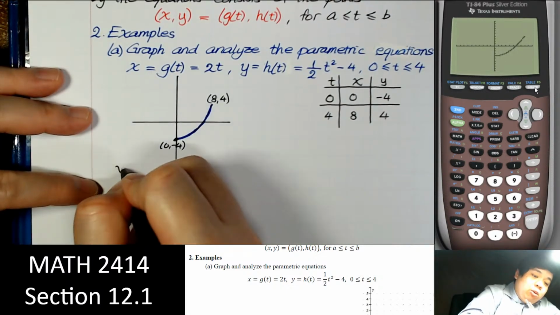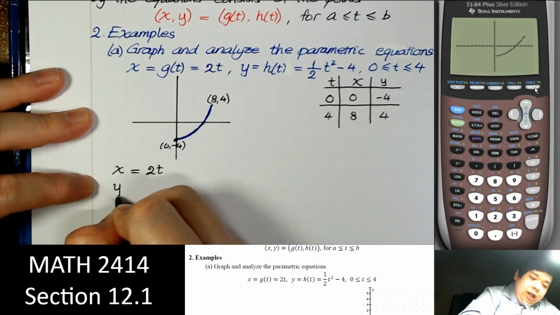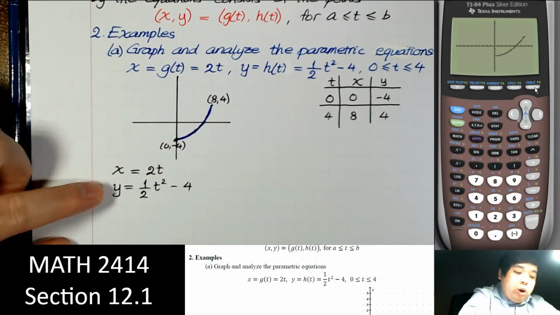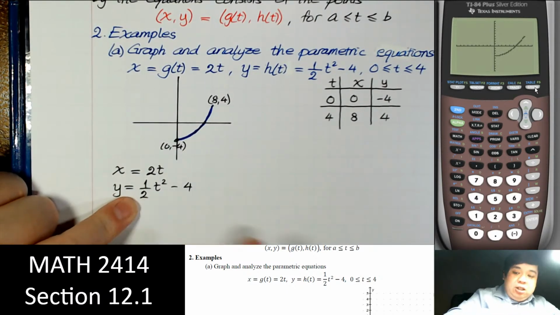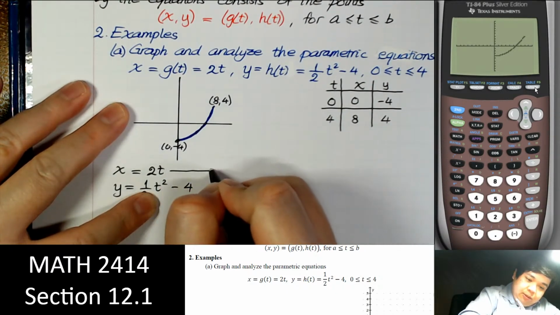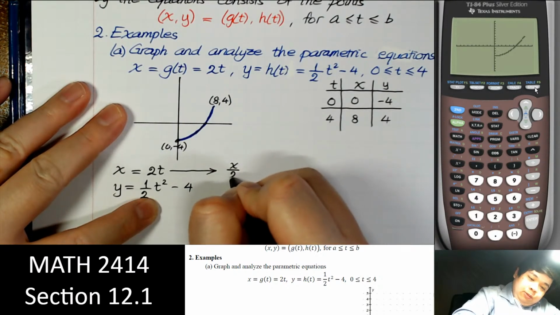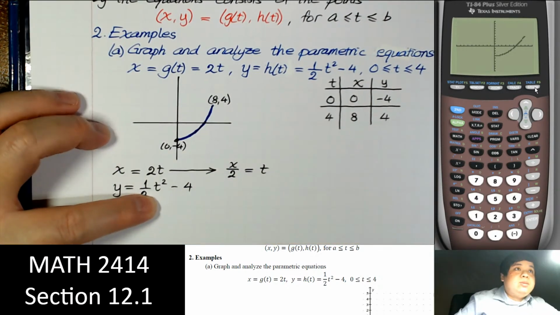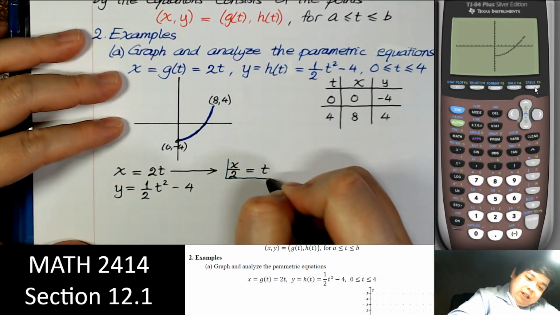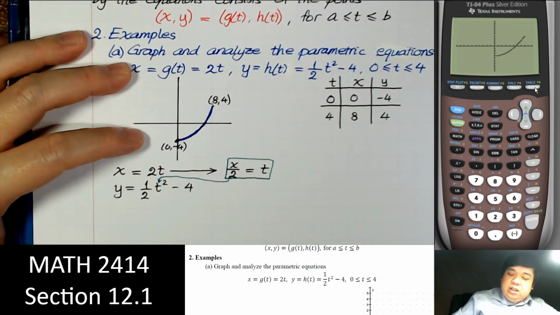But here is what we can do by hand: x equal to 2t, and y equal to 1/2 t squared minus 4. The point here is, if we can solve for t, we can substitute in here for t. Divide by 2 on both sides, we have x over 2 is equal to t. So t equal to x over 2, and with that we can substitute into this t.